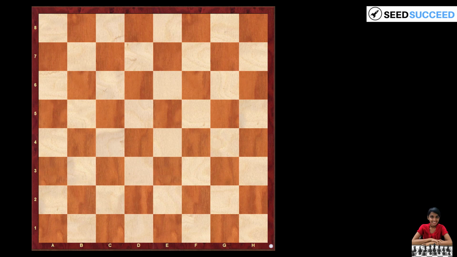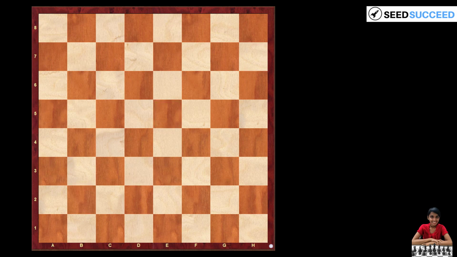Then we went on learning about naming a square using these files and the ranks. So to be specific, this is B2, B file, second rank. This is E5. So if you have to name the square, you have to say E5. And if this is the square, then it would be H7.